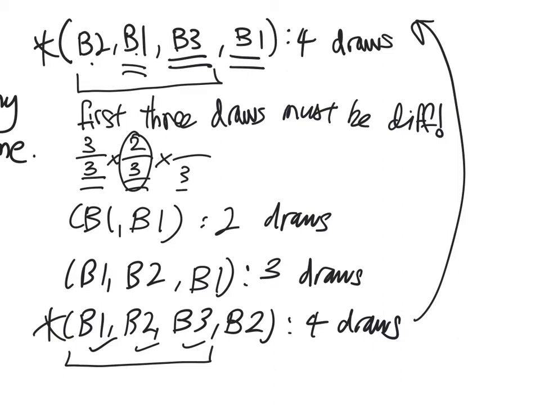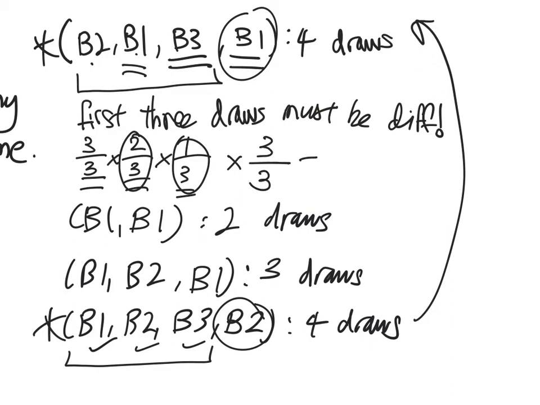And this will be the one last ball which is not previously selected. Then I will have the first 3 draws being different. And finally, I have my last draw, which could be B1, B2, and of course B3. It's the very last draw, so any ball will do. From here, after simplifying, you should be able to get 2/9.